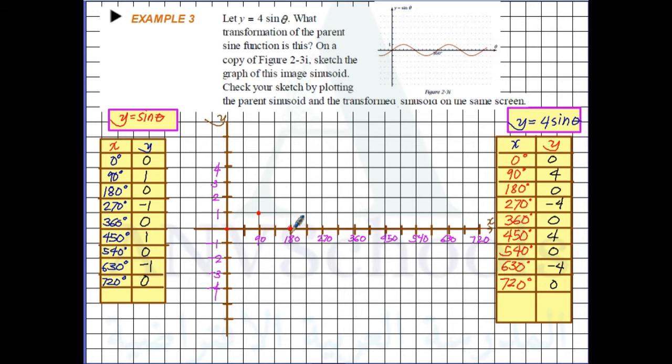And we have 270, negative 1. 360 is 0. 450 is 1. And then 540 is 0. Then negative 1, and then 0. So if I'm going to get the curve here, my curve would appear like this.